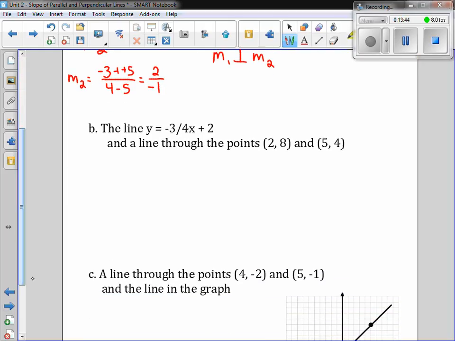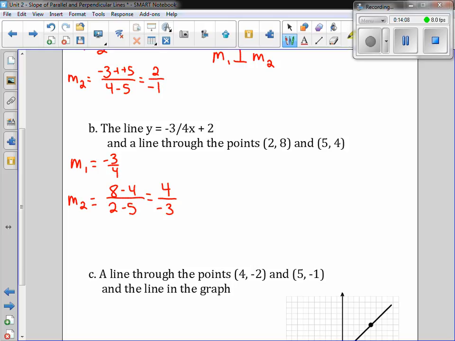For the second example, we are given the equation, so we know that the slope of line 1 is -3/4, and we need to find the slope of line 2 using the formula. 8 minus 4 divided by 2 minus 5. 8 minus 4 is 4, and 2 minus 5 is -3.